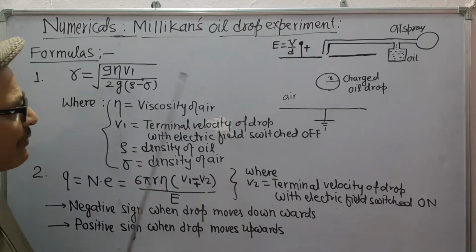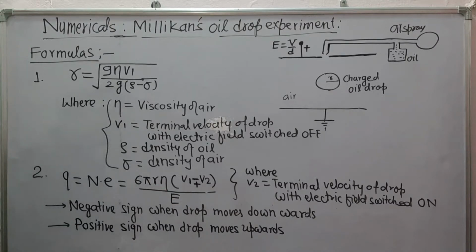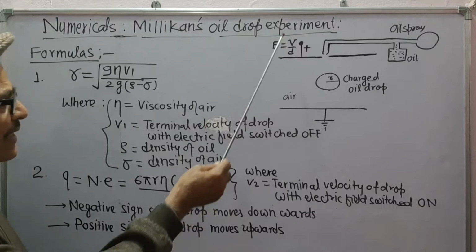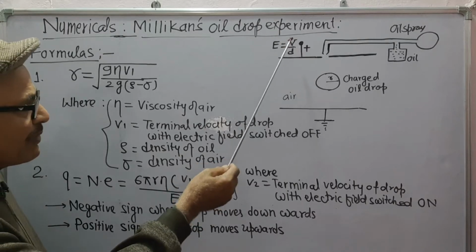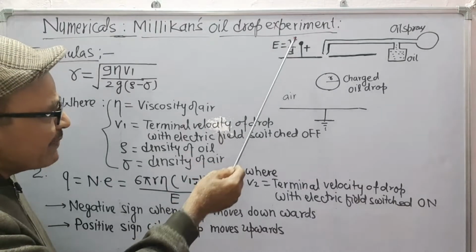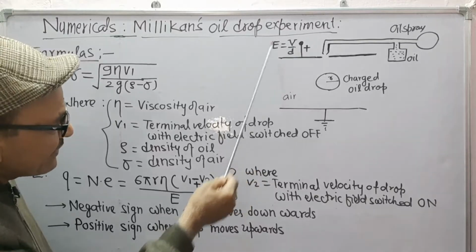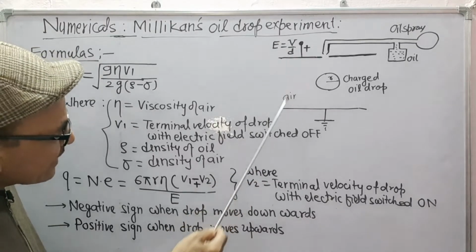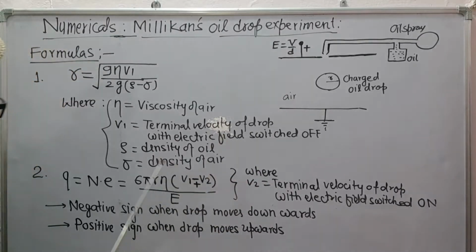Now if we switch on the electric field, meaning we apply an electric field E of value V by D, where V is the potential difference between the two plates and D is the separation between the two plates, then the drop falls with terminal velocity V2 downwards.